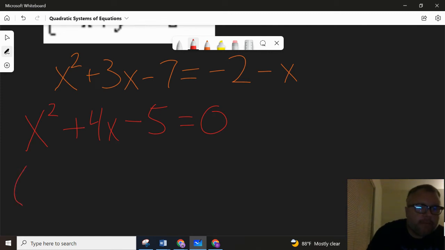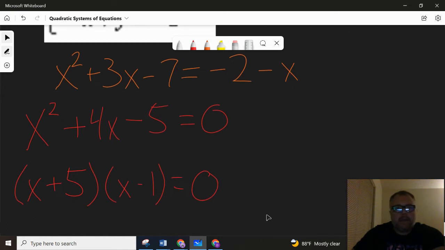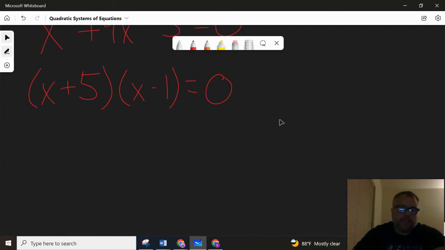So we'll draw our double bubble, our product of two binomials. We have the quantity of x plus 5 times the quantity of x minus 1, right, equals 0. If you ever doubt if you factored correctly, just FOIL it out, and you'll get this quadratic back if you did it correctly. So that's how you know.